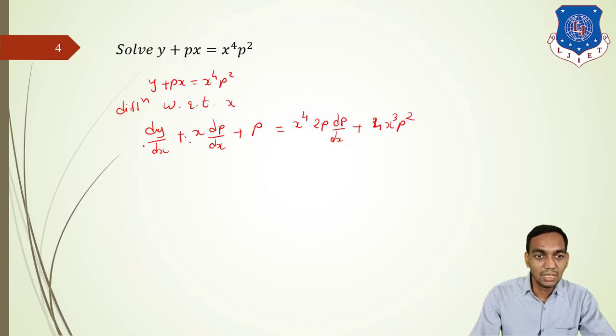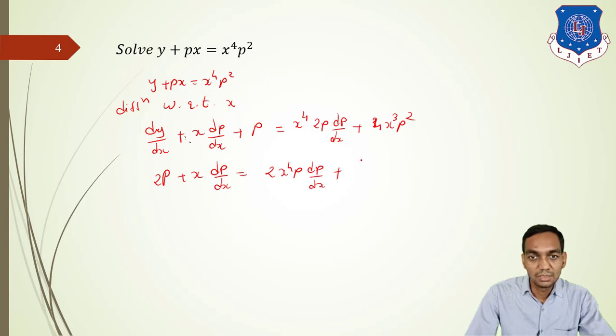But dy by dx is nothing but your p. So p plus p, that is 2p plus x into dp by dx is equal to 2x raised to 4 p dp by dx plus 4x cube p square.